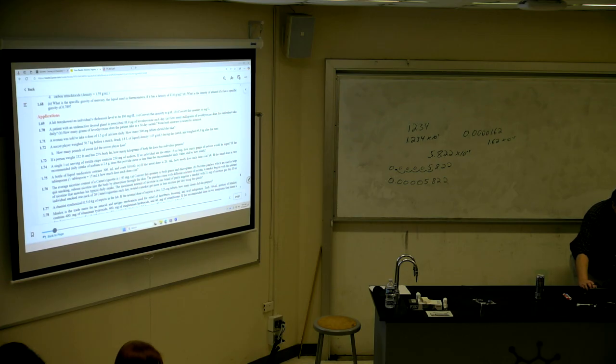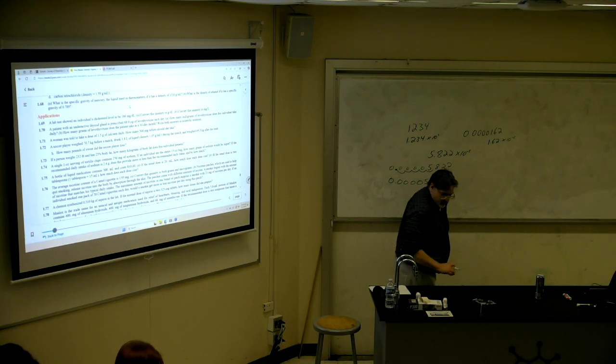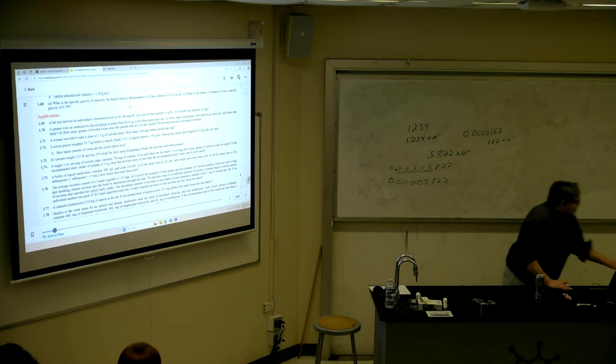All right, 1.69. So cholesterol concentration here in blood is 186 milligrams per deciliter. Convert this quantity to grams per deciliter. So the information you've got for A here, you're told 186 milligrams per deciliter.